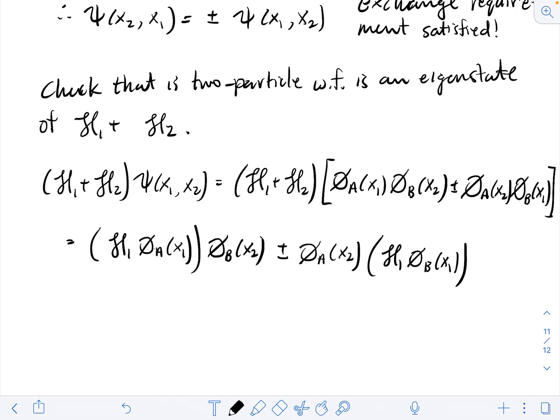Okay, now let's distribute the h2 Hamiltonian. So we have plus, that's going to act on the x2, particle 2.